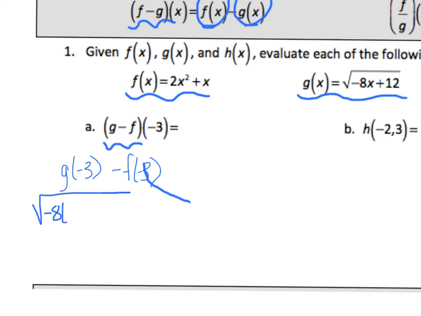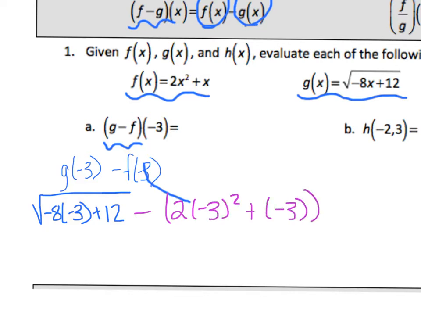Negative 8 times negative 3 plus 12. So that's g. Now f at negative 3, I'm going to do the same thing. I'm going to subtract, but I'm going to remember parentheses around the second one. 2 times negative 3 squared plus negative 3. So again, you're substituting in numbers every time you see an x in each of the functions that you're asking for. So now I'm going to go ahead and simplify.